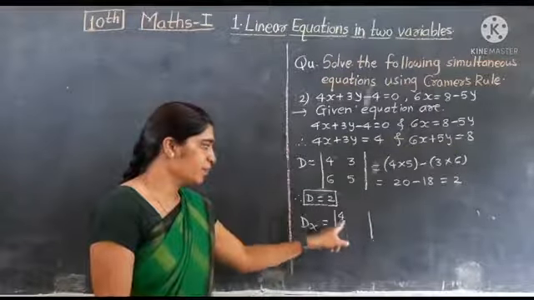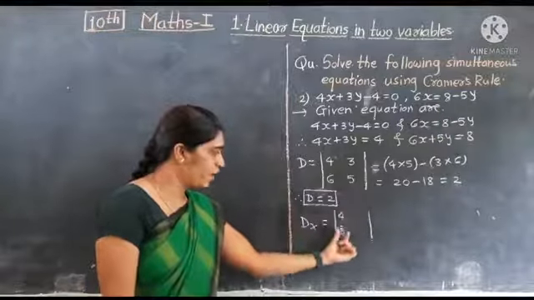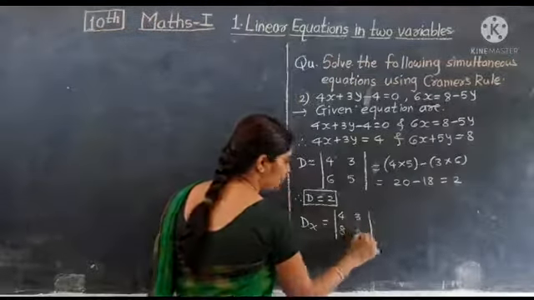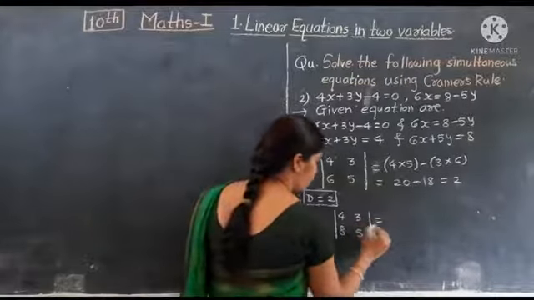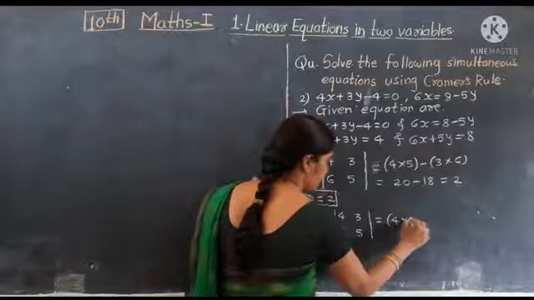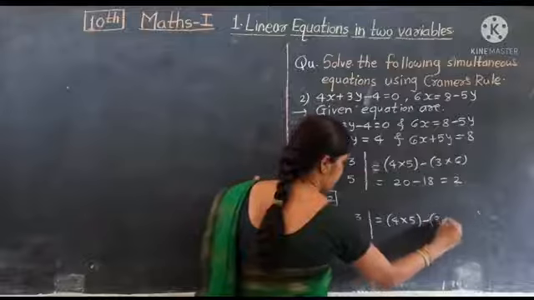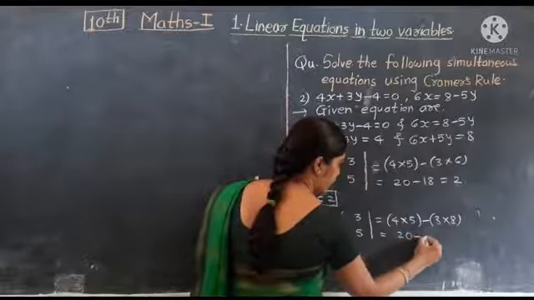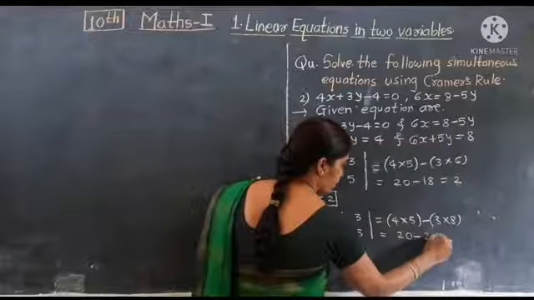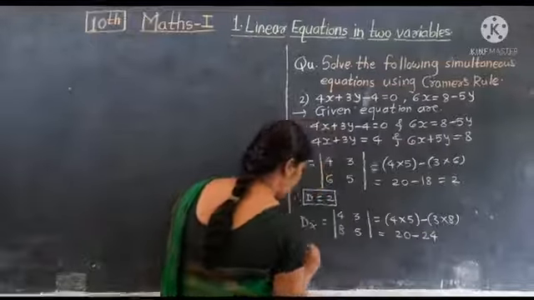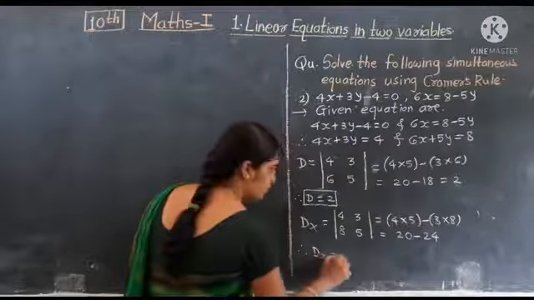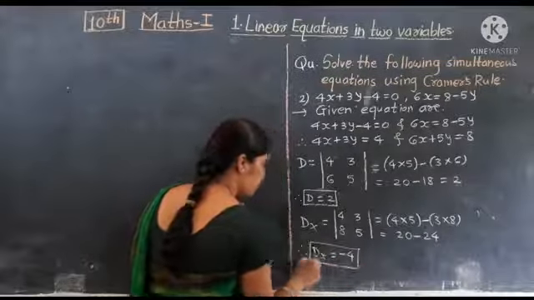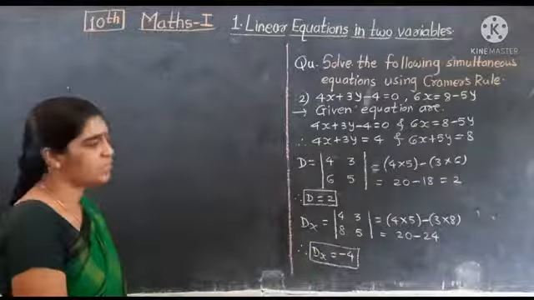Replace here the column of x by constants and y as it is, 3, 5. 4 into 5 minus 3 into 8. 20 minus 24. Therefore, we get dx is equal to minus 4. We get the value of dx.